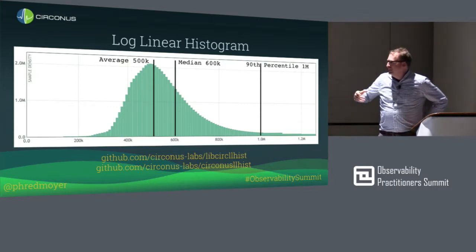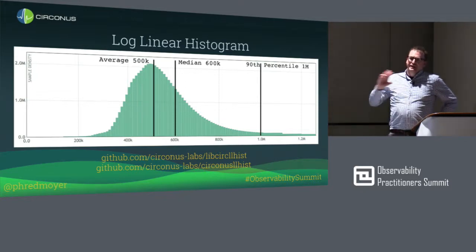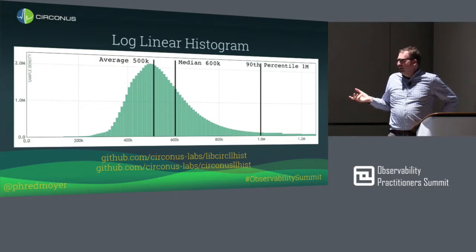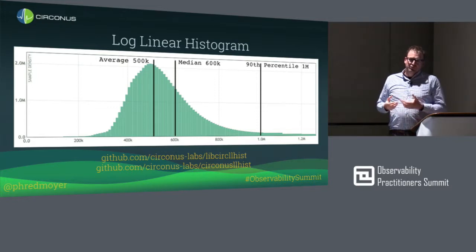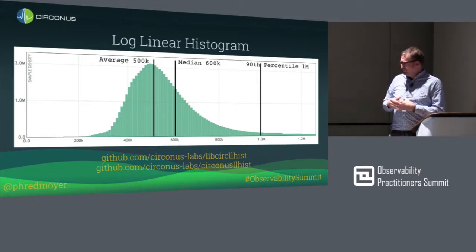So between 100,000 and 1 million, I have 90 bins, each with a width of 10,000. And originally when I looked at this, I said 90, why not 100? Because it's 1 million minus 100,000, which is 900,000, and it's a little bit neater for the math to divide it into 90 spots instead of 100.